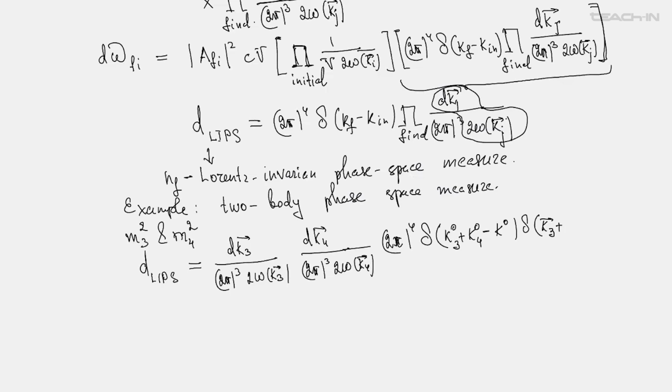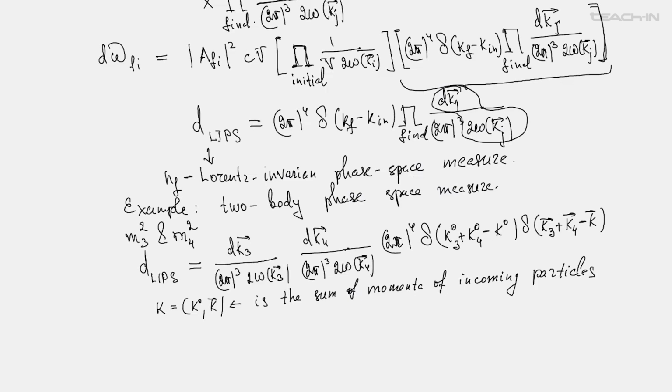Here K is the sum of the momenta of incoming particles. This is what I denoted before as K in. That's the same quantity, which for simplicity I now simply denote as K, the sum of momenta of incoming particles.